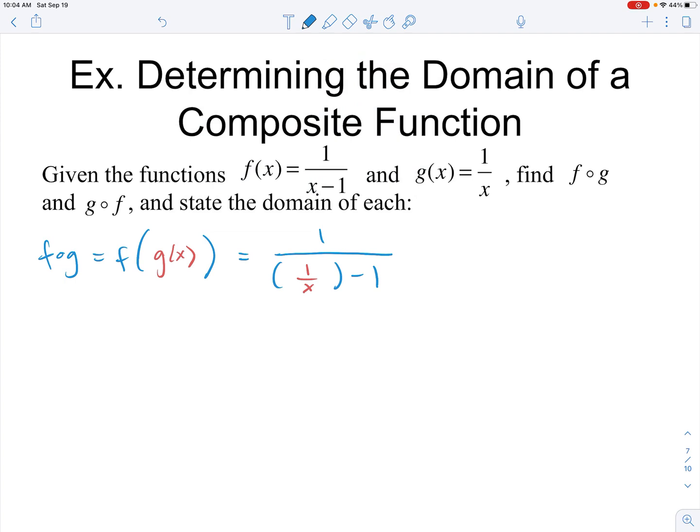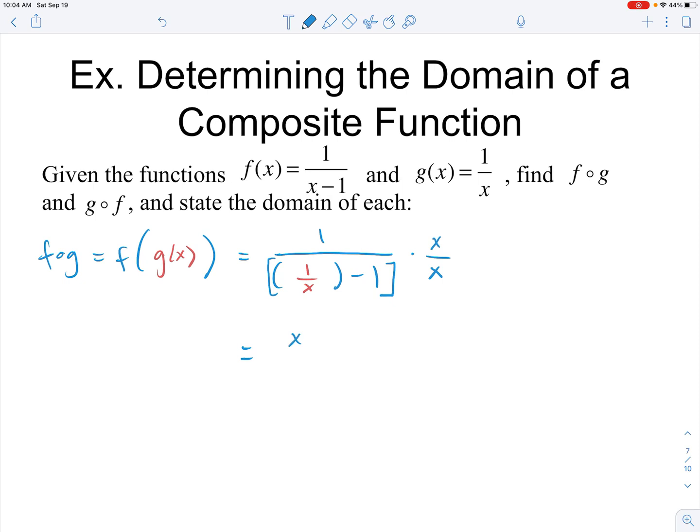Okay, and then to simplify here, it's nice to at least get rid of any complex fractions, so fractions in the numerator or denominator. To get rid of the complex fraction, so that 1 over x that's in the denominator, I'm going to multiply by a version of 1. And the version of 1 that I'm going to multiply by will be x over x, so that I can get the denominator of that complex fraction to cancel.